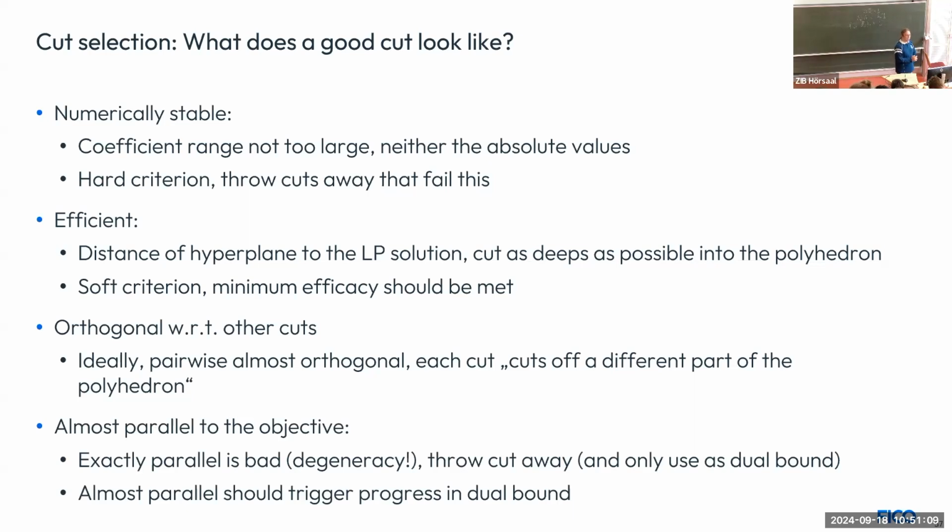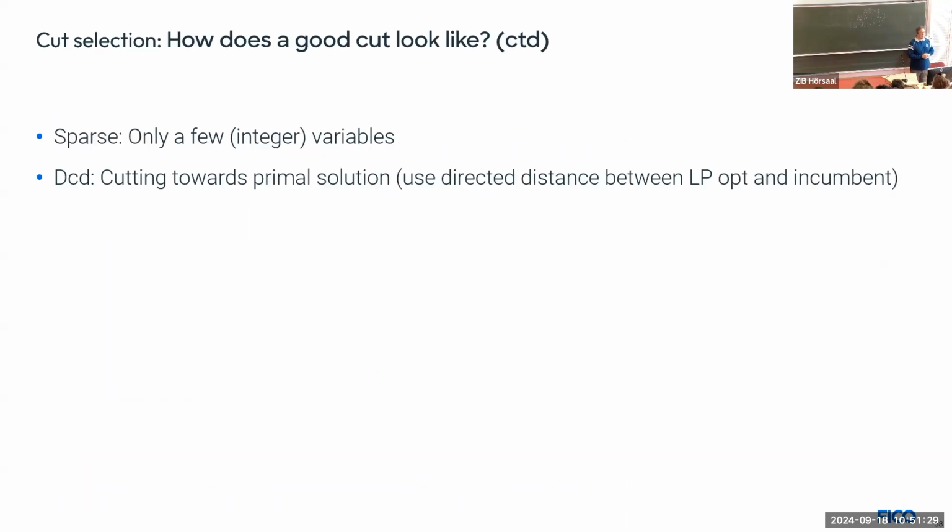You're hurting your LP solver and your branching rules in particular if you add an exactly parallel cut. But then again, being similar to the objective function means that likely the dual bound will improve a lot. A lot of balancing going on there.